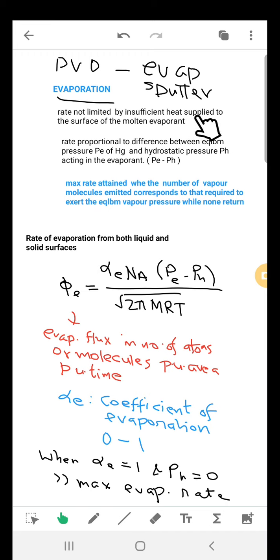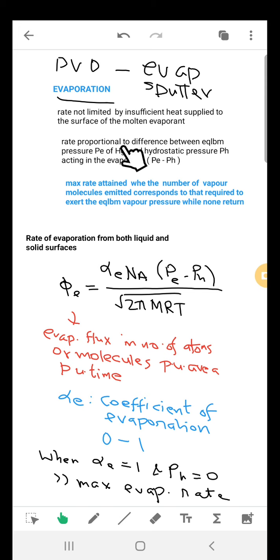Although we are using Joule heating, it is not the case that the more heat is applied, the more evaporation will take place. Insufficient heat is not related to rate. It is in fact related to the vapor pressure.